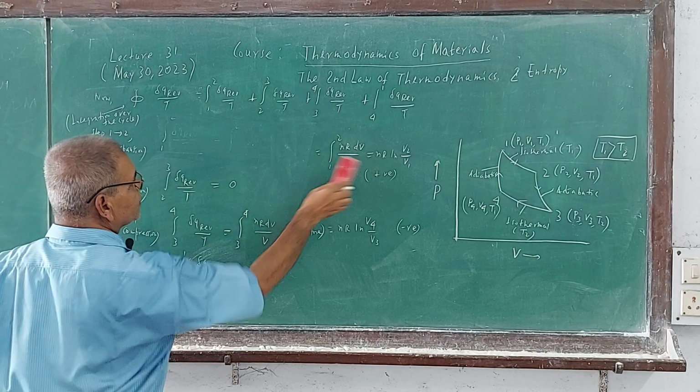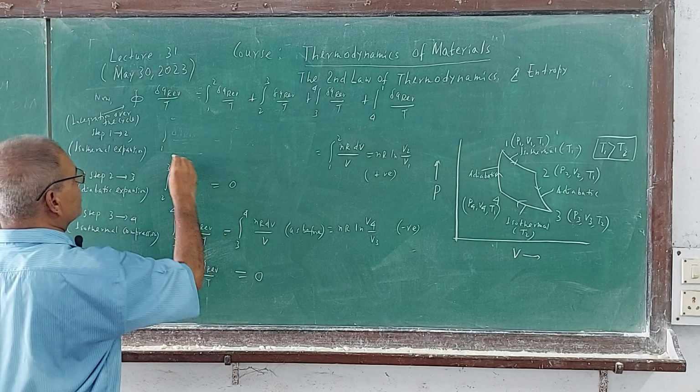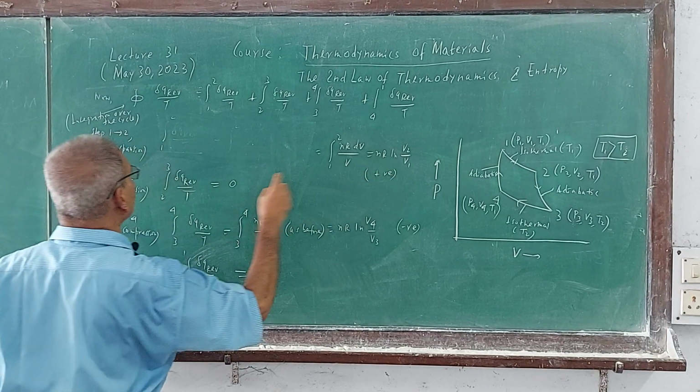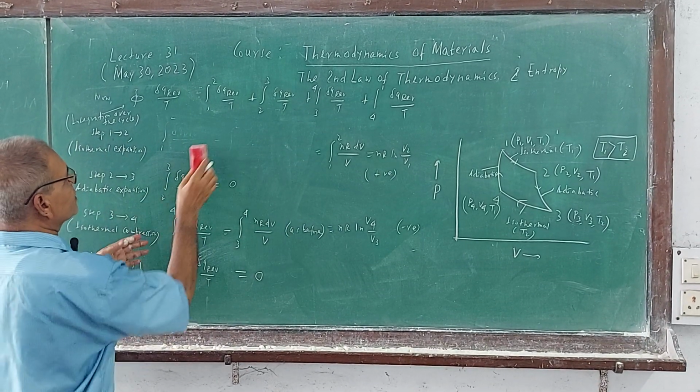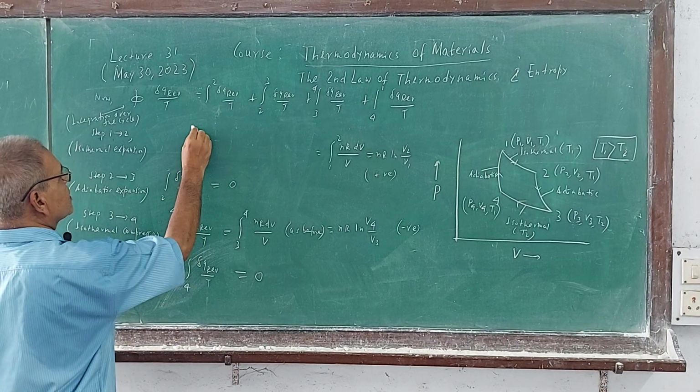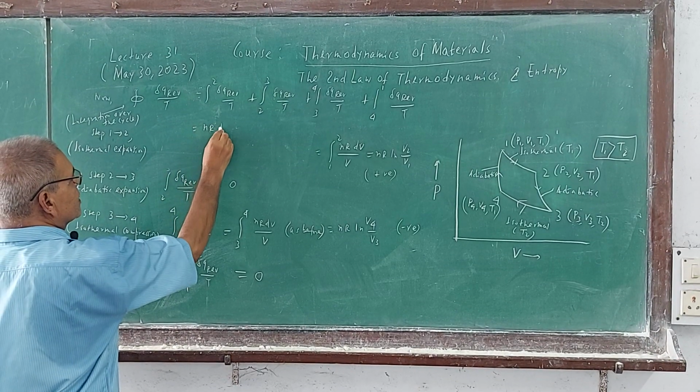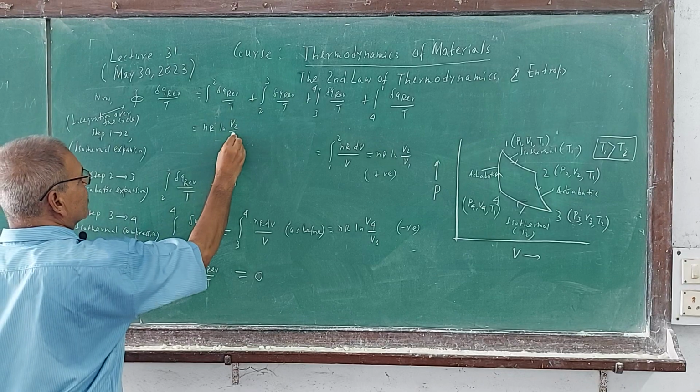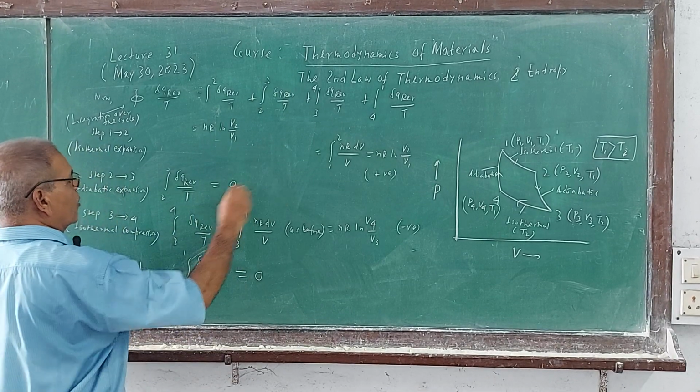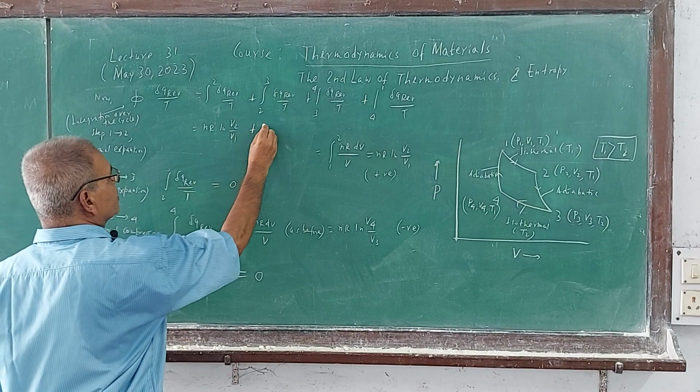The first one is nR ln V2 by V1. Second one is 0.